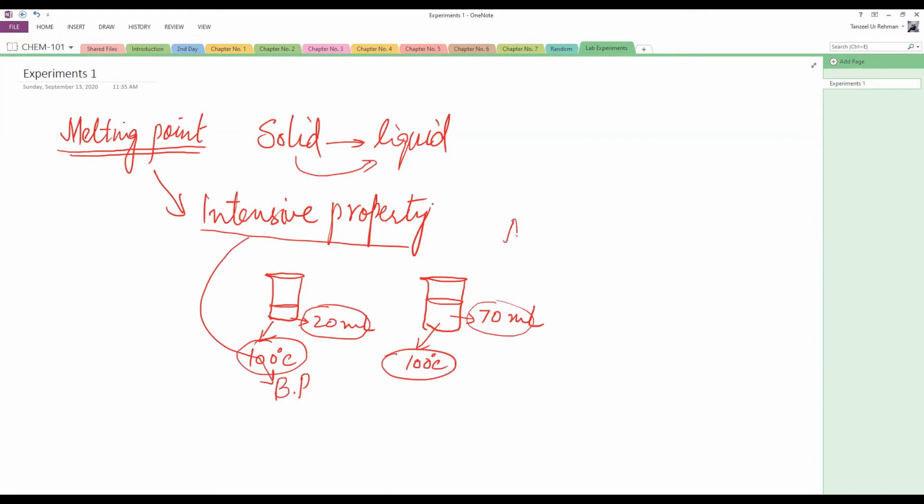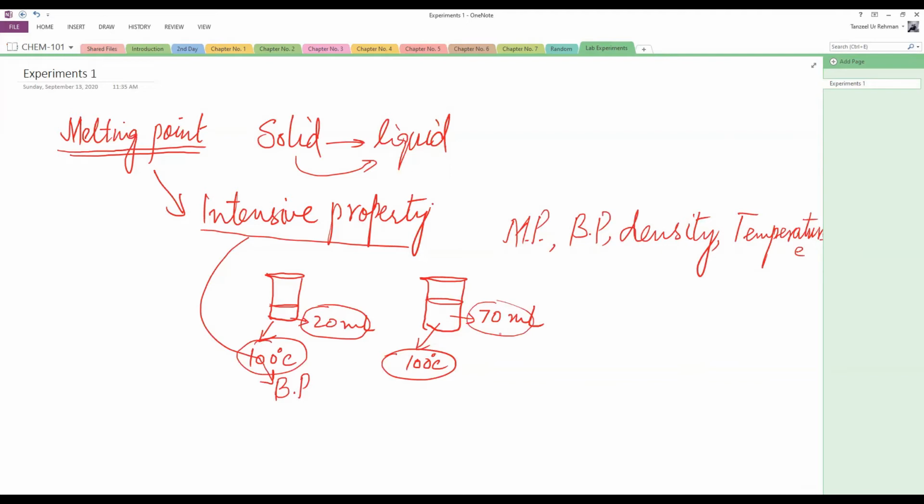So here we have melting point, boiling point, density, temperature. These are intensive properties. Why are we performing this experiment?